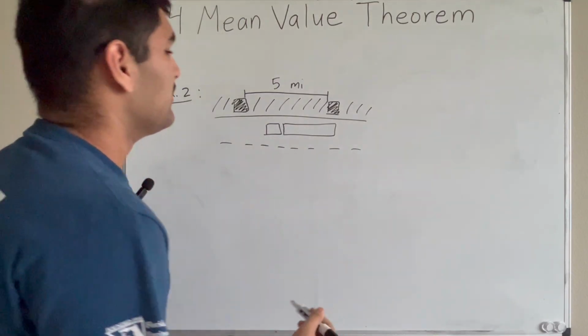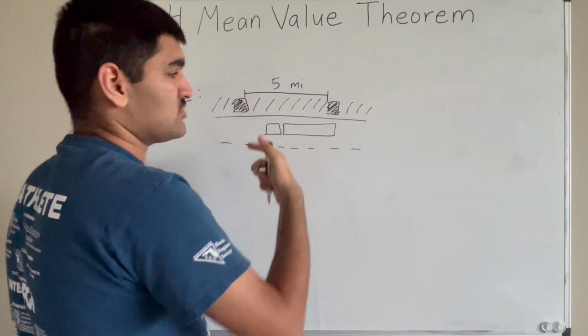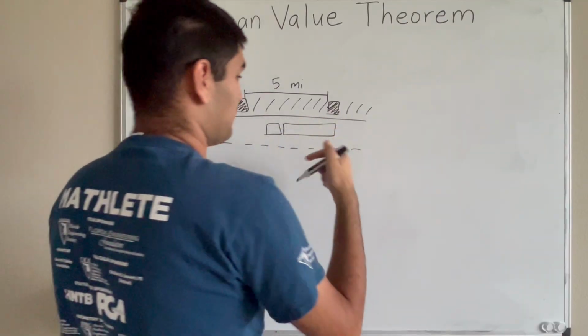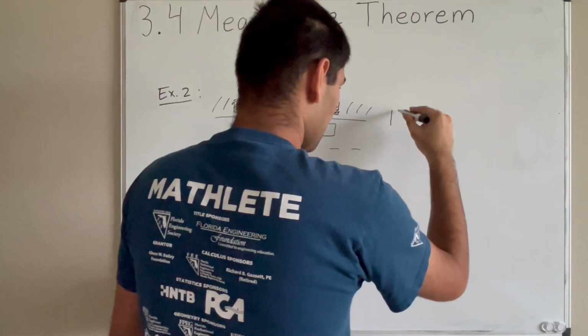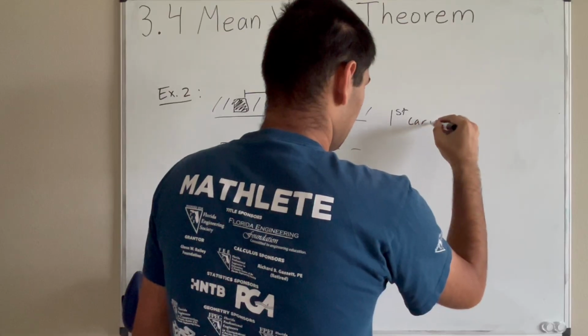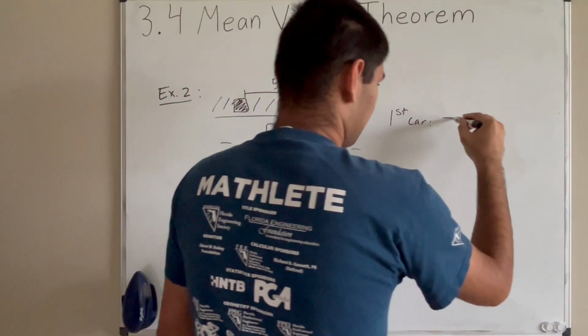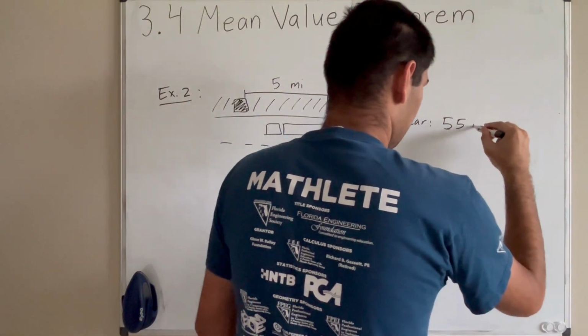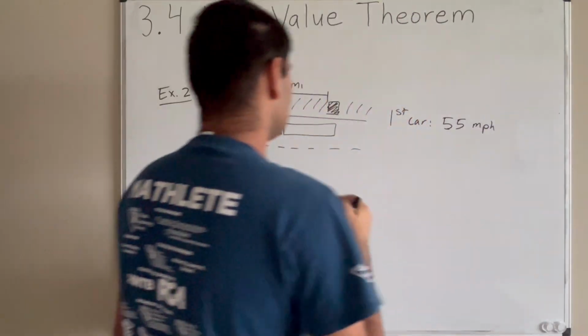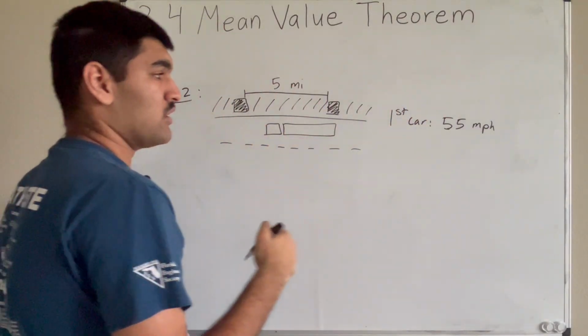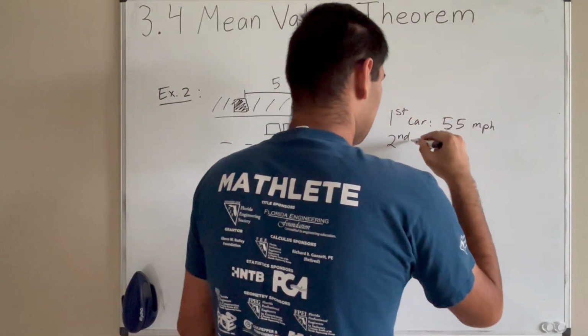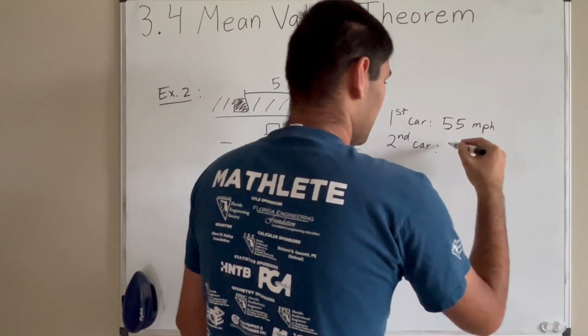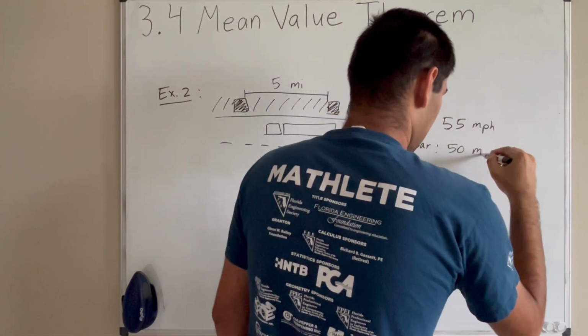We're given that as the truck passes the first police car, the speed of the truck is 55 miles per hour. As the truck passes the second car, its speed is 50 miles per hour.